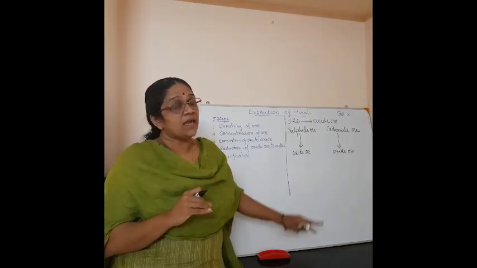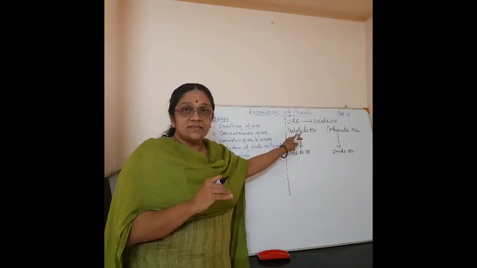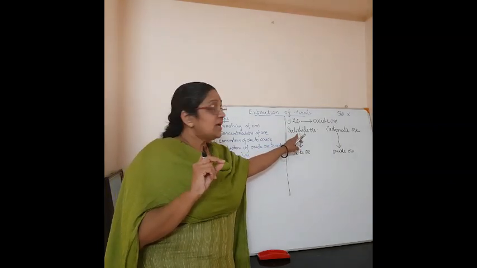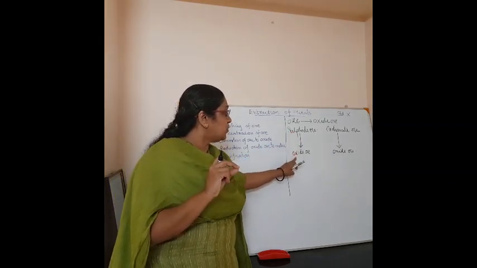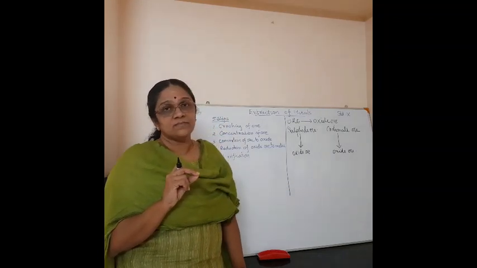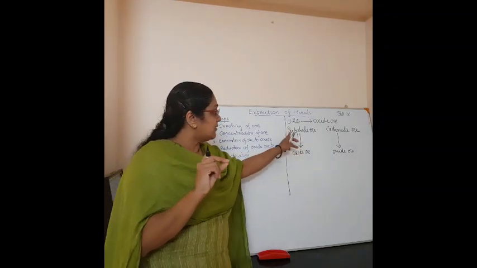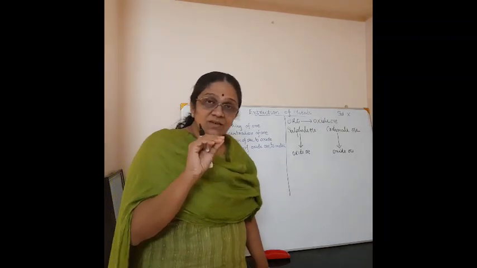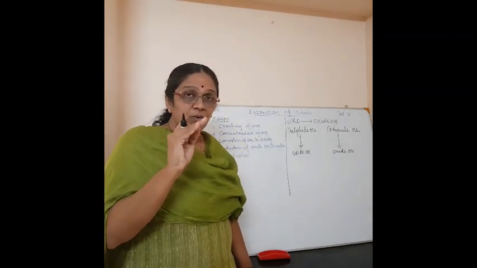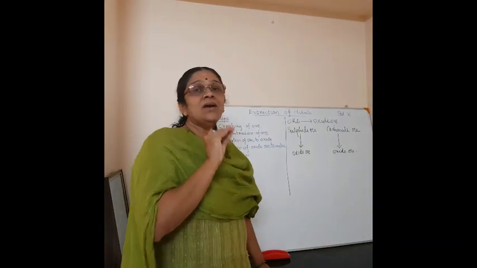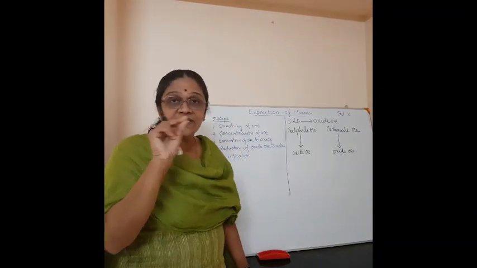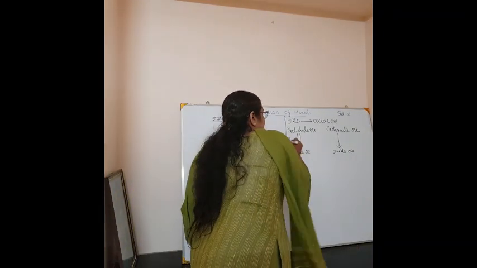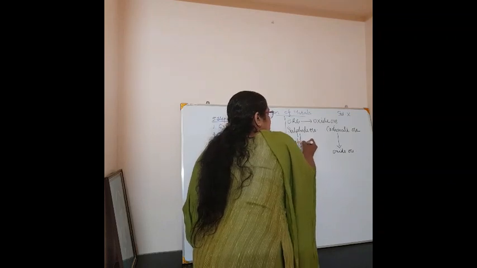Understood? Okay. Now the question is, how will you convert the sulfide ore into oxide ore? The process of the conversion of a sulfide ore into the oxide ore is called roasting. Very, very important. It is called roasting.